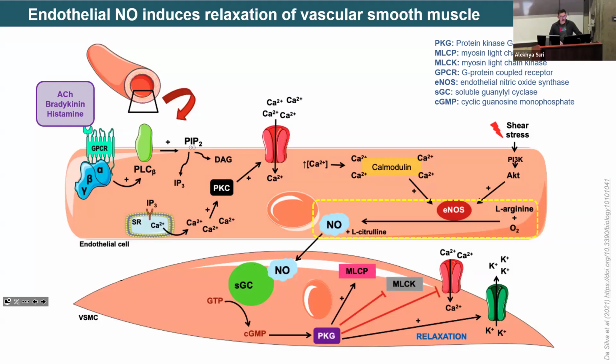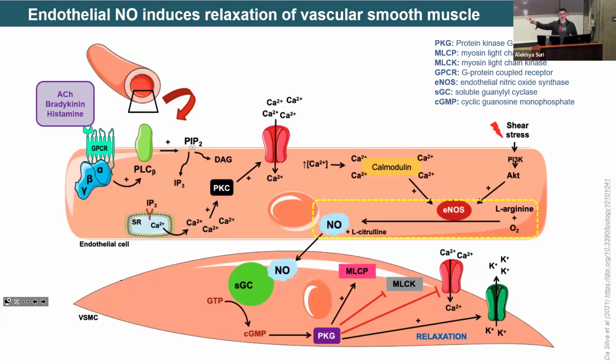Relaxation. PKG will also cause the closure of calcium channels. If you have less calcium entering the smooth muscle cell, you get relaxation. And finally, it triggers the opening of potassium channels. If you open potassium channels, in which direction does that potassium go?